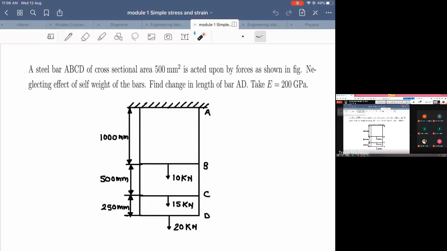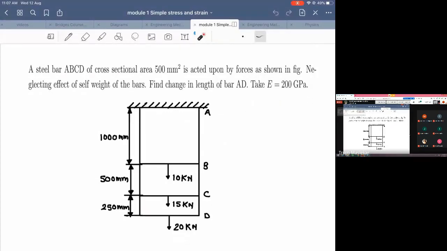The diagram is given here. Just see the diagram. What we observe in the diagram is that the bar is fixed at point A. This symbol is used for showing the fixed part.